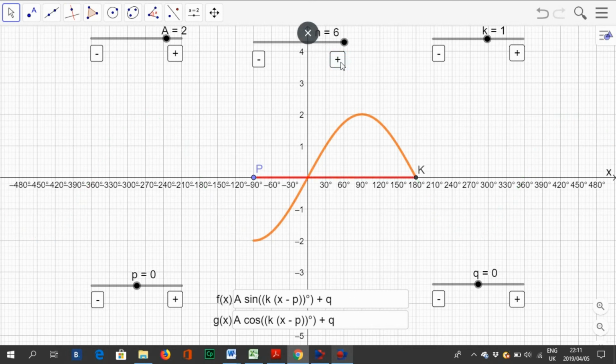And if you look at what we will draw, this is what our graph will look like. It starts at minus 90 for the x values up to x equals 180. And I guess you can write the inequality that represents this line from P to K, which will actually be the possible values of x for this particular graph, which is between minus 90 and 180 degrees.